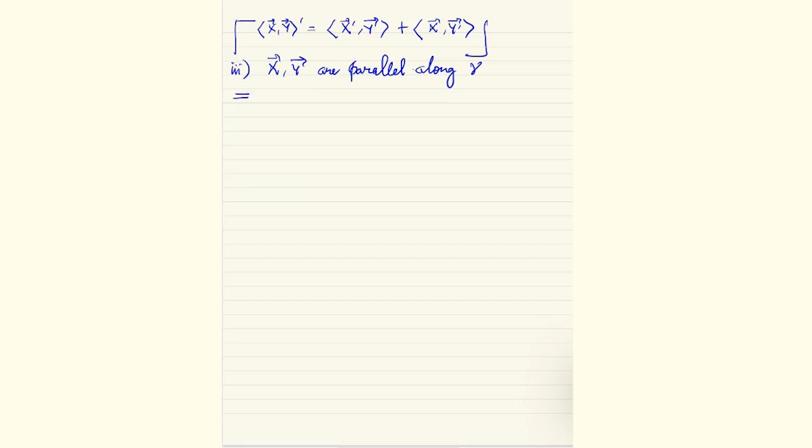So angle, I hesitate to write this, but okay, this is okay. So the norm of x, norm of y is constant along gamma.